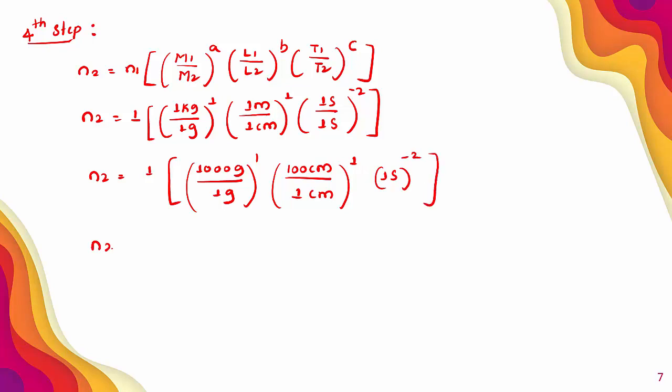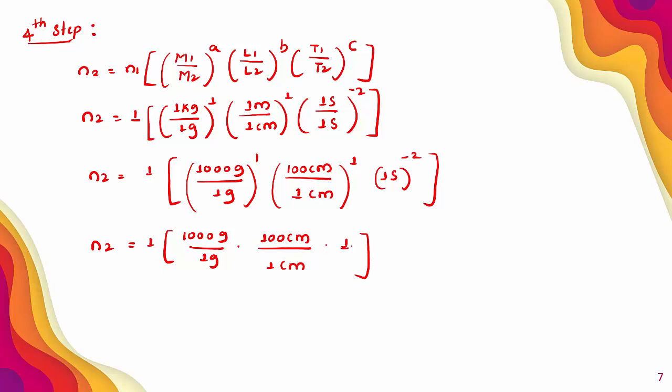Then we can write N2 equal to 1 into 1000 gram divided by 1 gram raised to 1, which means we get the same answer, into 100 centimeter divided by 1 centimeter, keep as it is, into 1 second raised to minus 2. 1 raised to minus 2 will be again 1. 1 raised to anything will be 1.